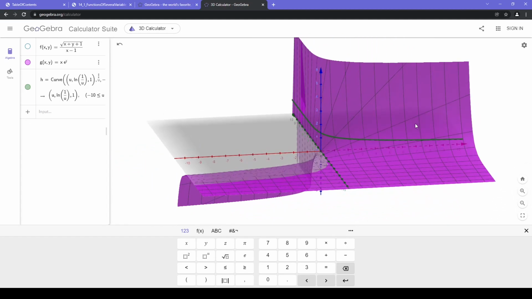Okay. So even if you don't have a powerful computer, what you can do is select several values for z and make these traces, all right? And then get an idea, or at least an approximate idea, of what the surface would look like based on those traces.